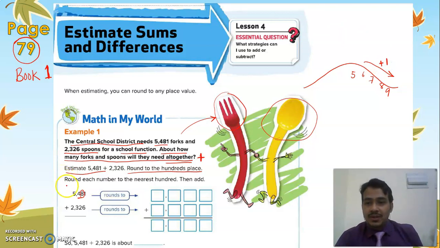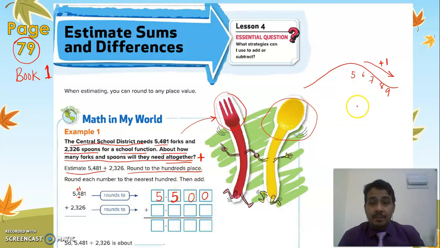The rounding number is 4, so I do plus 1 to this and it becomes 5. So 5, 5, 8, 1 becomes 5, 5, and to the right we put 0, 0.